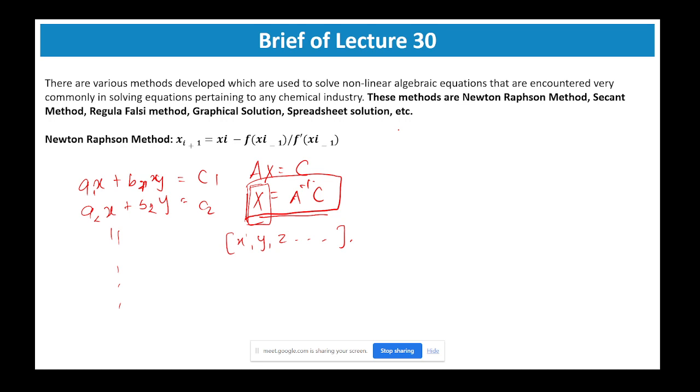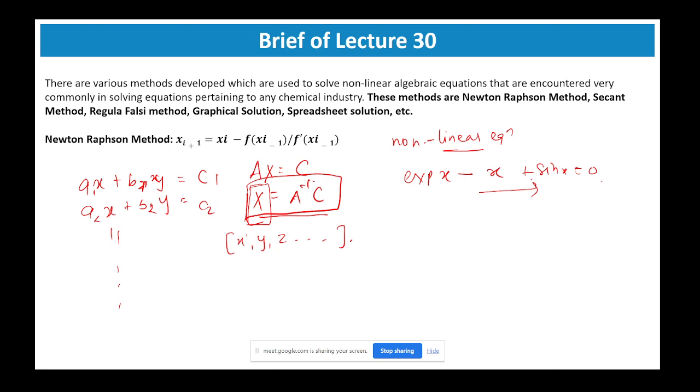Now it is not necessary that you will always encounter linear equations. If you have non-linear equations, say for example exponential x minus x plus sin x equals 0. This is just a random equation that I have written for now.